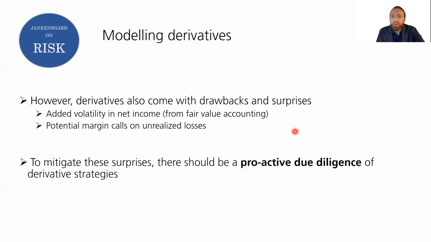So that could be very inconvenient as well. So to avoid any such surprises, we're going to propose a proactive due diligence of derivative strategies. I mean, sometimes these strategies are executed based on a hunch or some gut feeling or some feeling that it's going to be a good thing because it protects us.